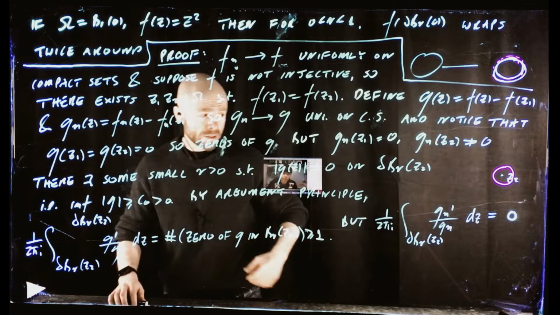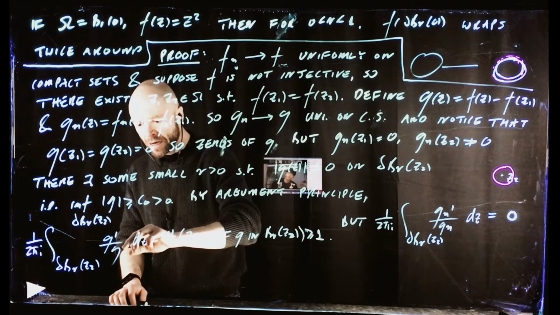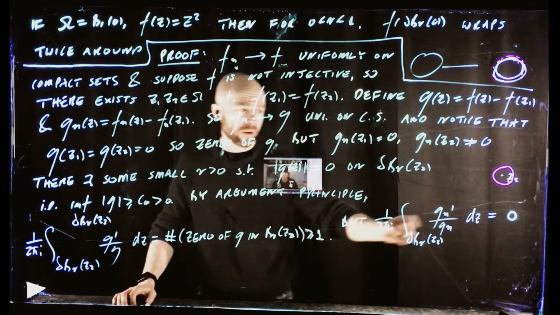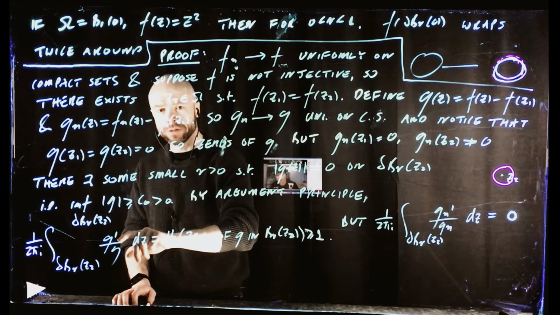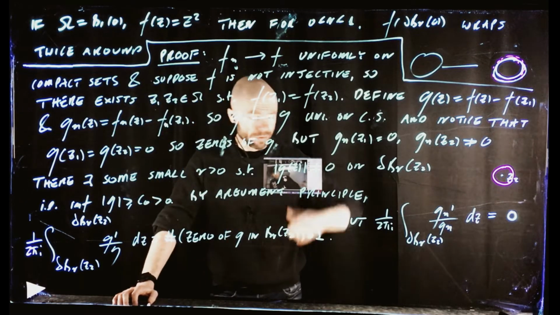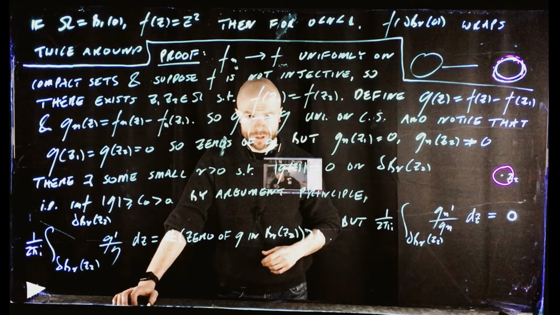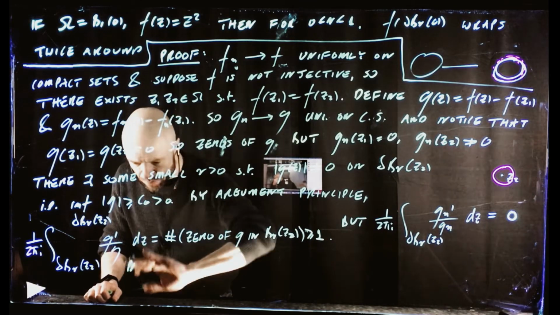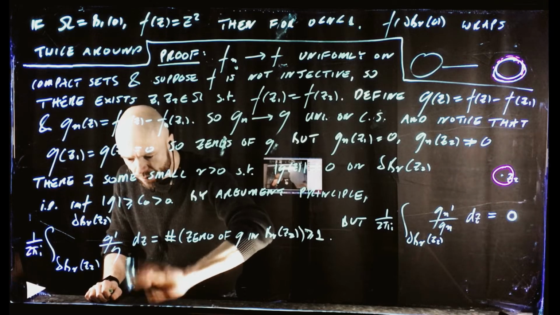So the point is that since we have that Gn is converging uniformly to G, and Gn prime is converging uniformly to G prime, this is the slight extension of the previous theorem we just talked about, then this quantity we can control uniformly.